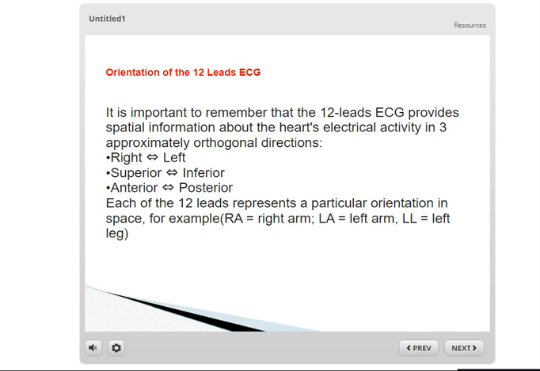For example, lead 1 is right to left, lead 2 is inferior to superior, and leads V1 to V6 are anterior to posterior. Understanding this spatial orientation is crucial for interpreting the ECG and identifying the location of potential electrical abnormalities in the heart. The different lead placements allow the ECG to capture different views of the heart's electrical activity, providing more comprehensive assessments.